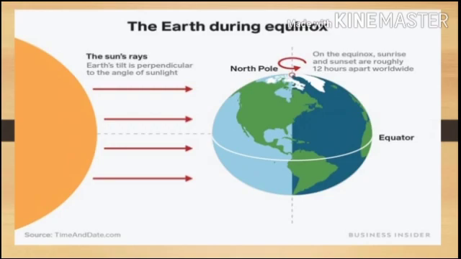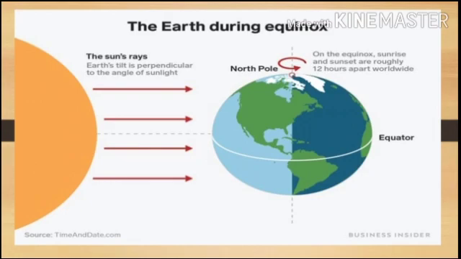As the earth revolves around the sun, the equator receives perpendicular rays on 2 days in a year. This condition occurs on 21st March and 23rd September. On these days, both the poles are at the same distance from the sun. This situation is called equinox.